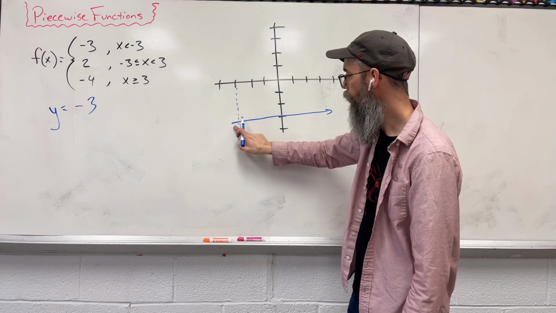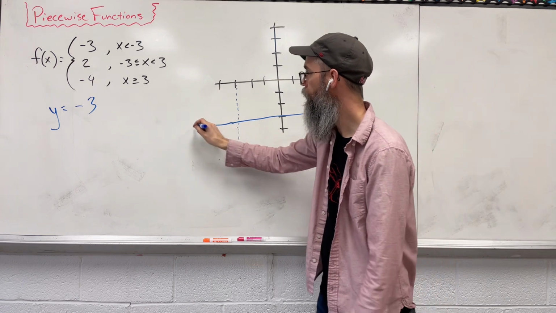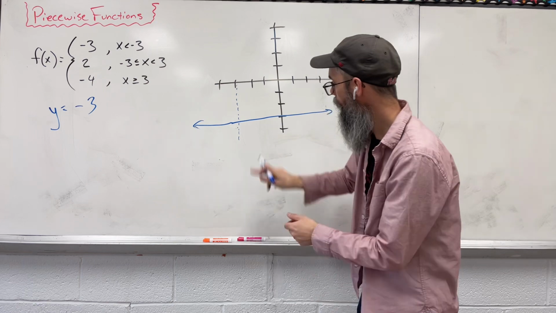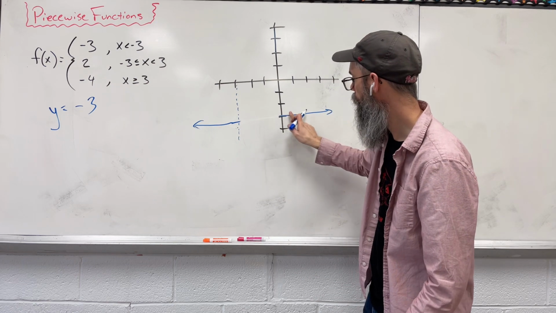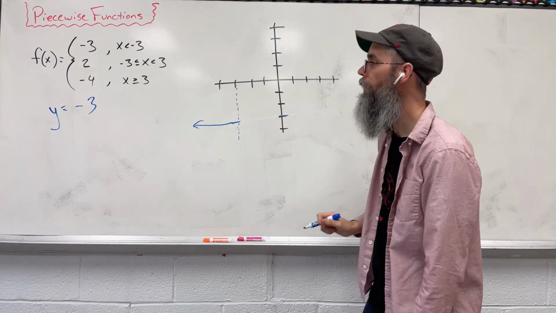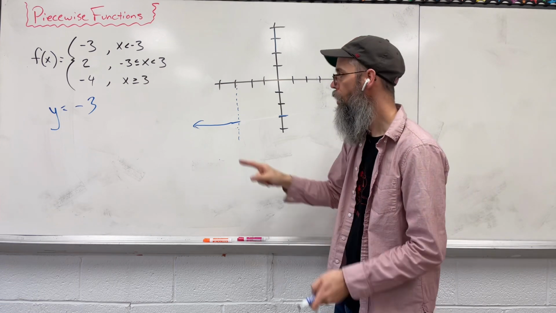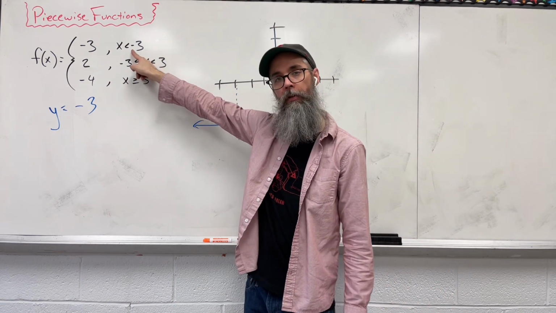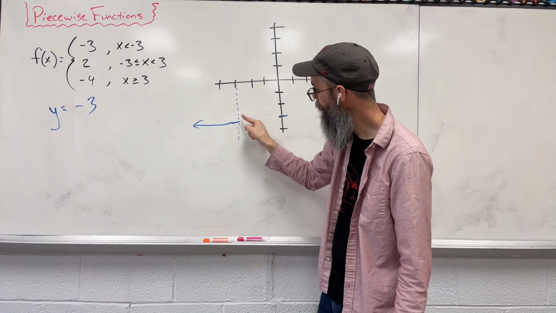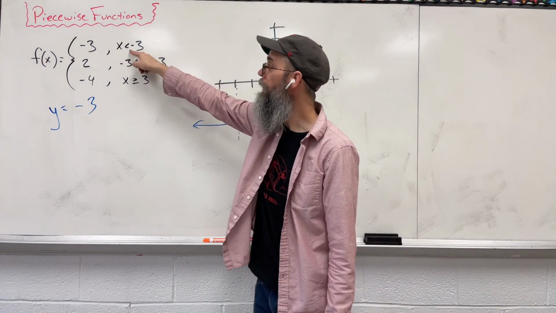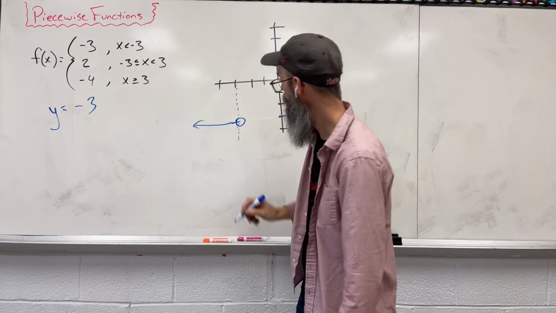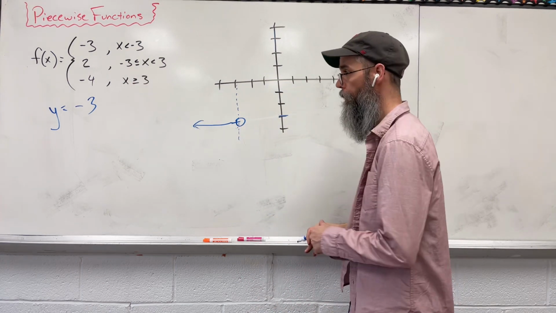My graph only exists when it's less than -3. So everything over here, goodbye. We don't need it. Now, something else happens. At this wall, I need to draw either an open circle or a closed circle to signify where it starts. Because there is no equal sign here, we have an open circle.